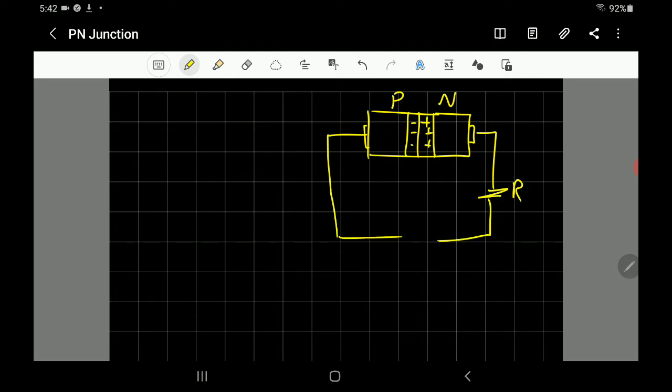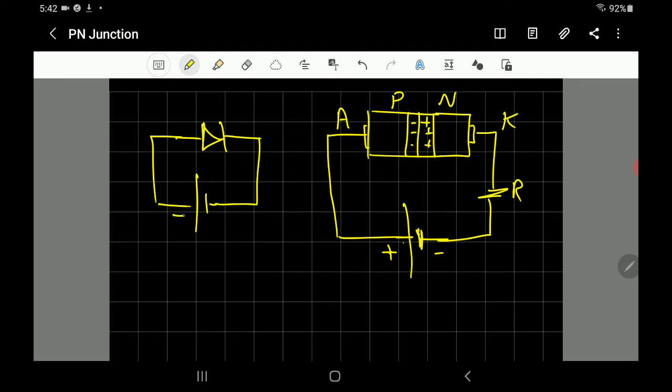If you want to conduct current, you put a voltage source this way. You connect the positive polarity of the voltage source to the anode, the p-type, and the negative polarity of the power supply to the n-type, the cathode of the diode. That's the way to make current flow through the diode: the positive connected to the anode and the negative connected to the cathode.